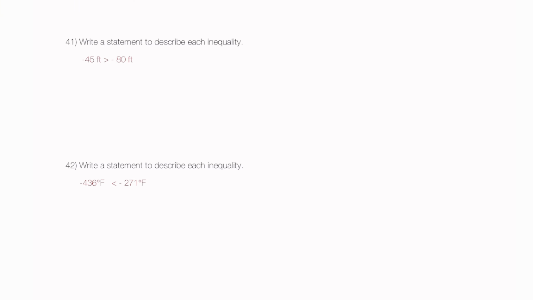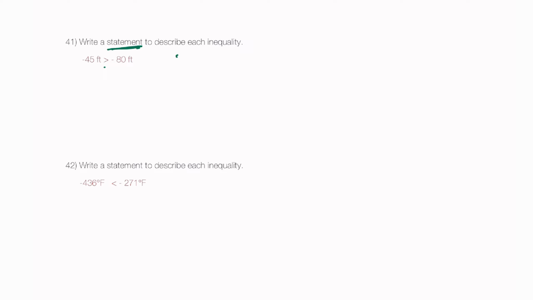Question 41. It says write a statement to describe each inequality. So we got to write a statement now. An inequality is given. It says minus 45 feet is greater than minus 80 feet. What statement can you write for this?